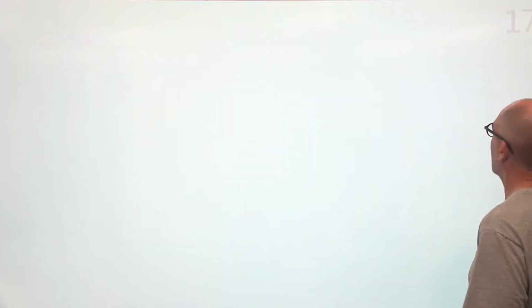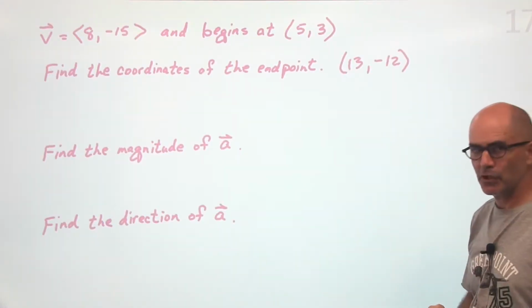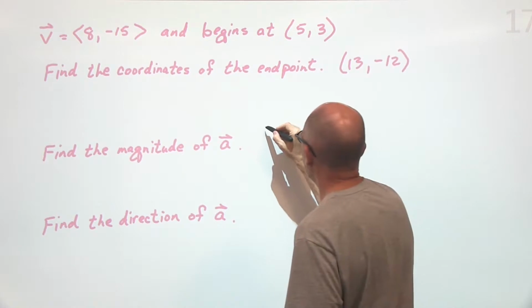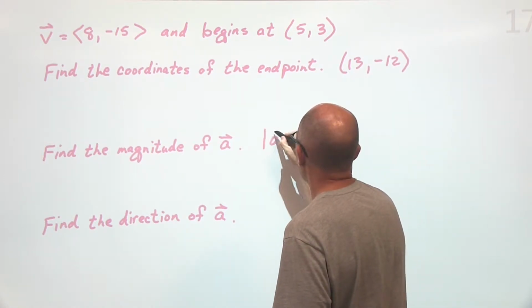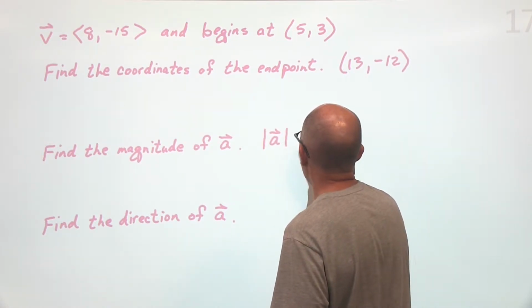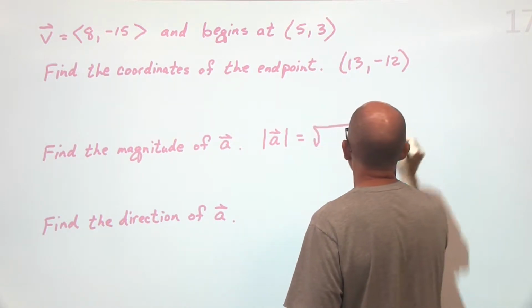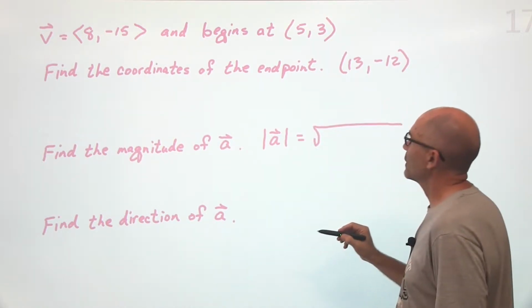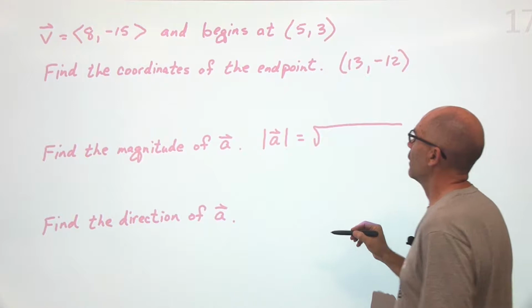But let's say we're not privy to that information. Well, we need to do it by algebra. So the magnitude of vector A is going to be the square root of x squared plus y squared.